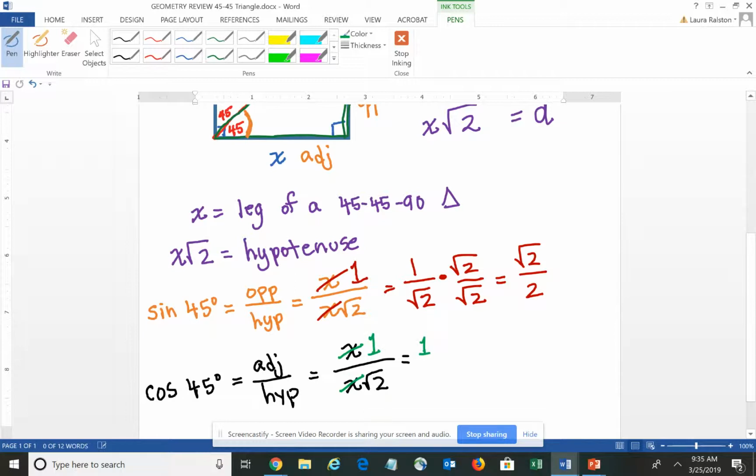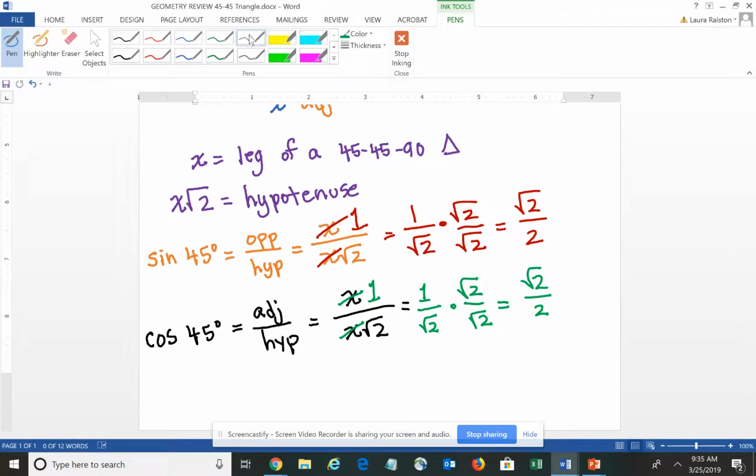So I have 1 over square root of 2, which I multiply by square root 2 over square root 2 to rationalize that denominator. You never leave a radical in the denominator. Again, we get square root 2 over 2. So the cosine of 45 degrees is also always going to be square root 2 over 2, regardless of the size of the triangle.